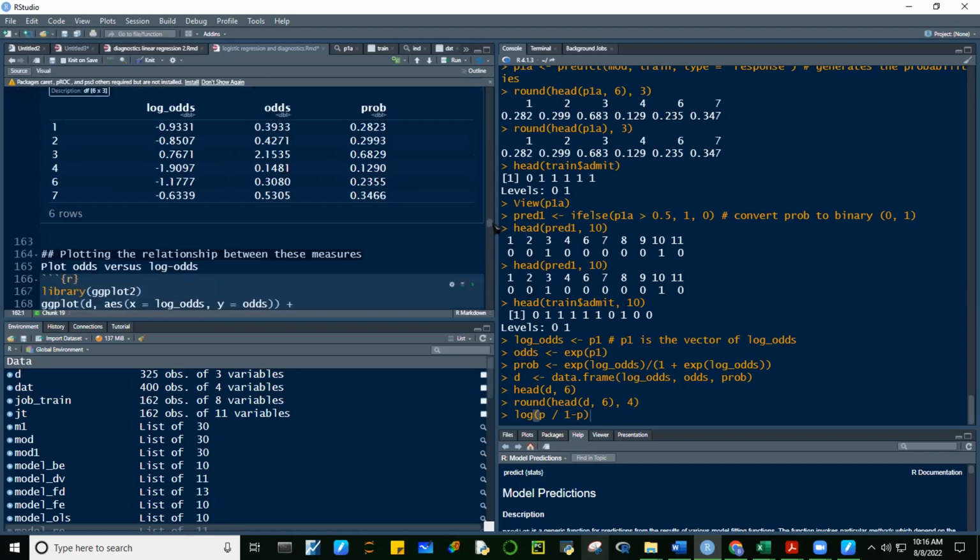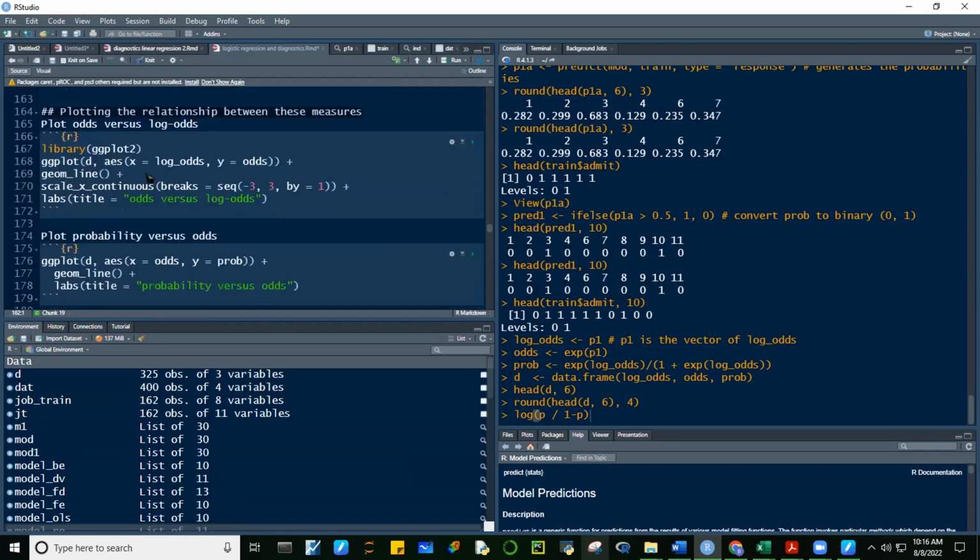Okay, so here let's just plot. Okay, we're using ggplot2. So ipa-plot natin si D, yung data natin si D, and then sa X natin yung log odds, at saka yung Y, yung odds natin. Okay, so let's just plot this.